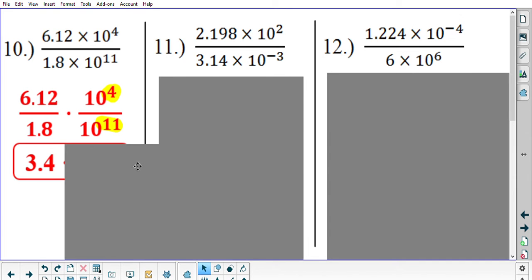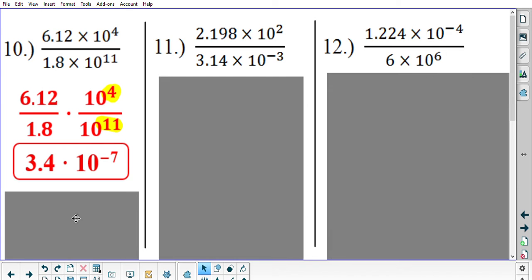This is 4 minus 11, which is negative 7. So please make sure that you always start with the number for the exponent that's in the numerator up on top. That must be first, then subtracted by the exponent that was on bottom. So anyway, this one is already in scientific notation because 3.4 is a number that is between 1 and 10.